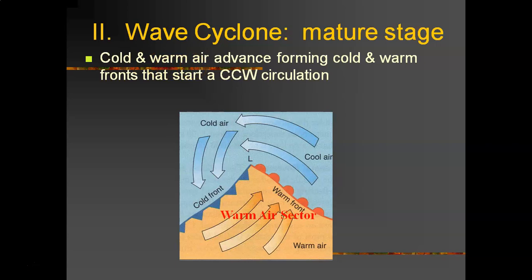With the pushing of the frontal systems, it's going to start a counterclockwise circulation, a low pressure center that intensifies. So we're showing the cold air advancing, creating a cold front, right? And then we've got a warm front advancing where we've got the warm air pushing. And this starts to create a counterclockwise circulation, and we start to form a center of low that will intensify.